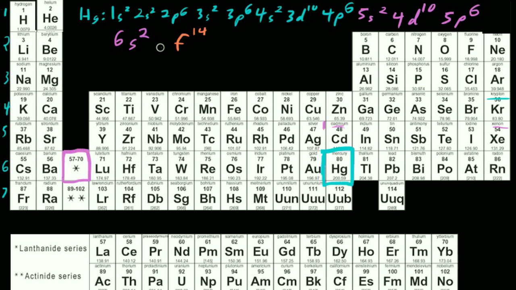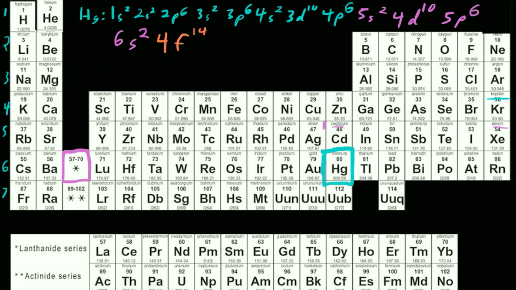So instead of being 6f14, this is actually going to be 4f14. So that is going to be our completely full 4f orbital subshell.